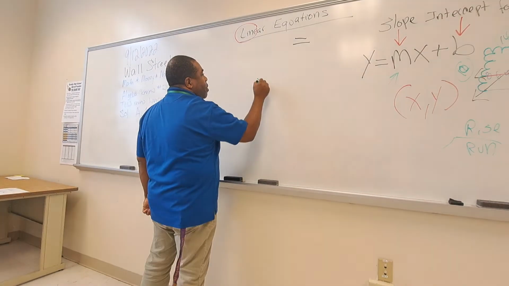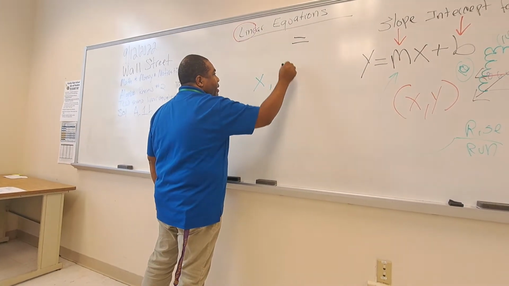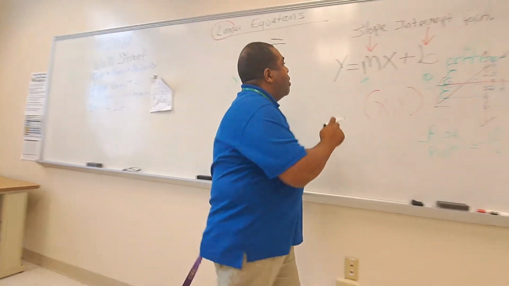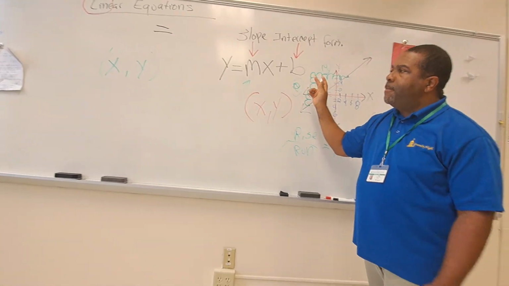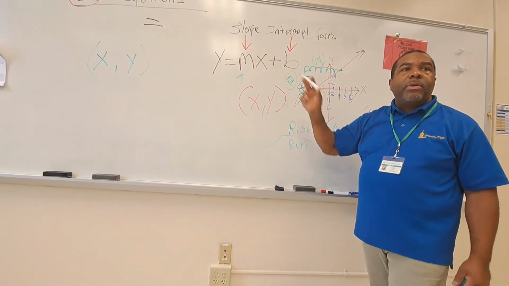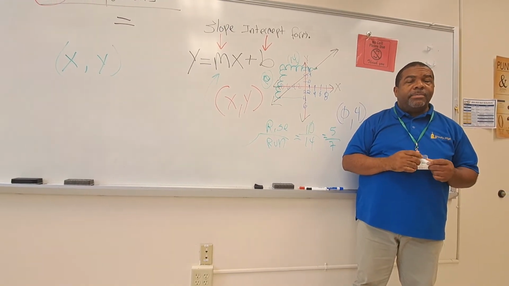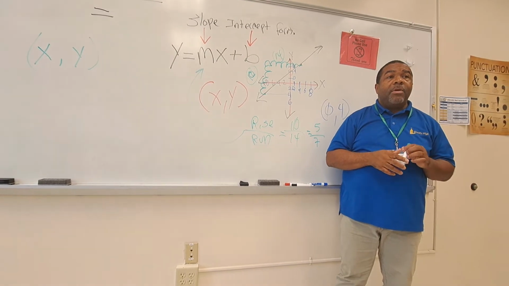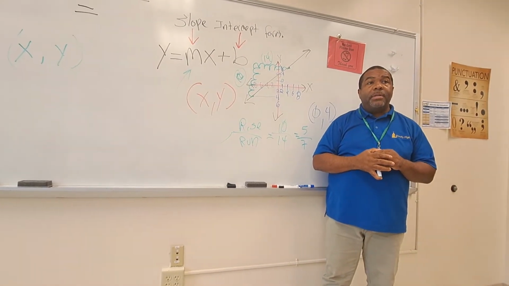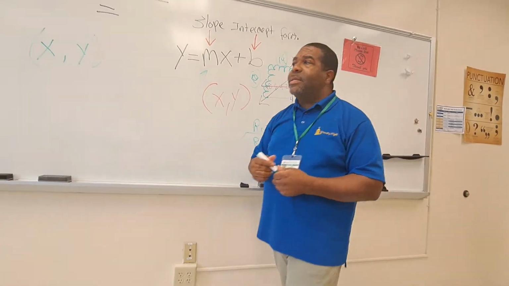But the piece that I want to tap into right now is when we're looking at y equals mx plus b, the x is going to be called the independent, and the y is going to be called the dependent. Mr. Berry's going to talk about this today.